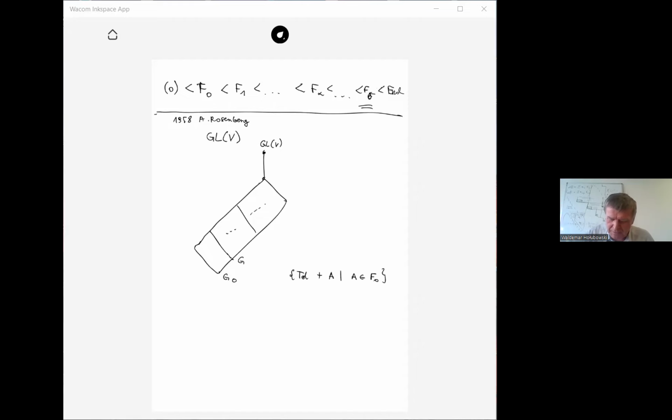G1, correspondingly, these are all linear transformations which have the form identity plus some other linear transformation which belongs to F1, etc.